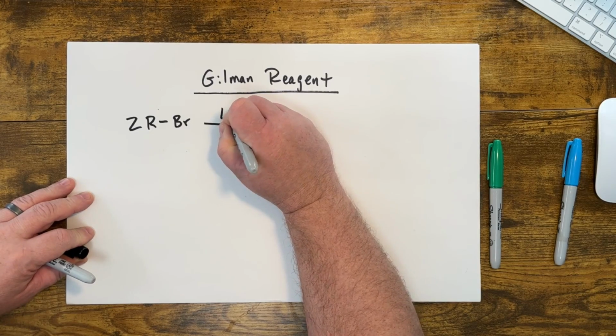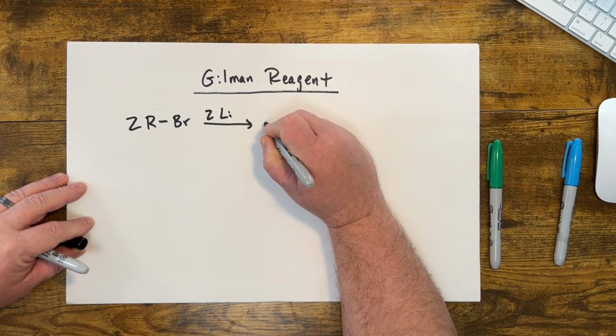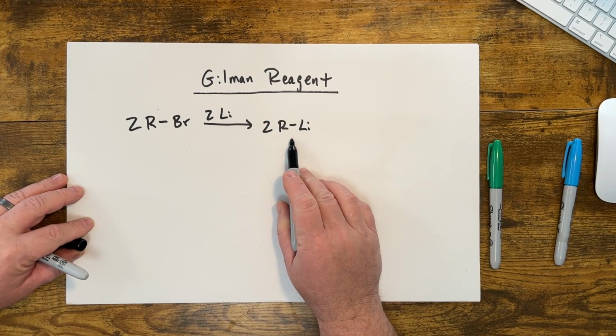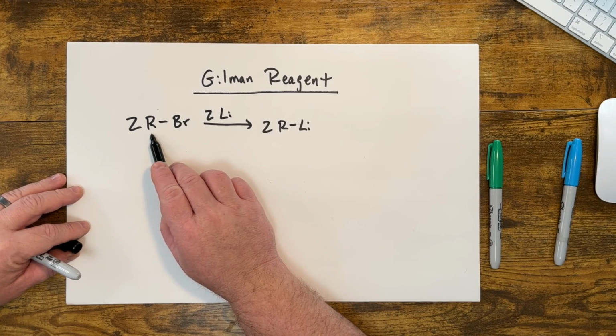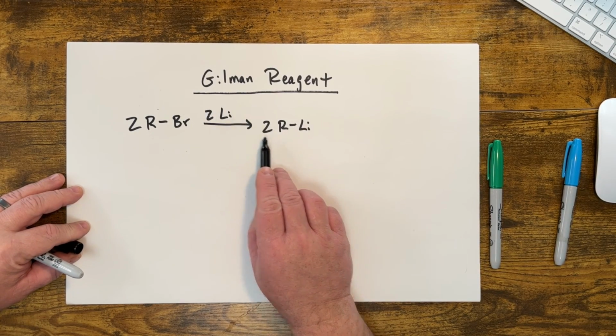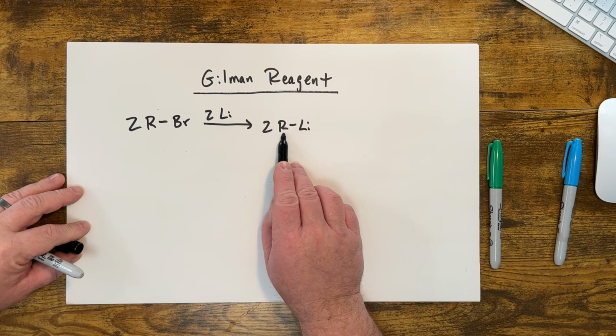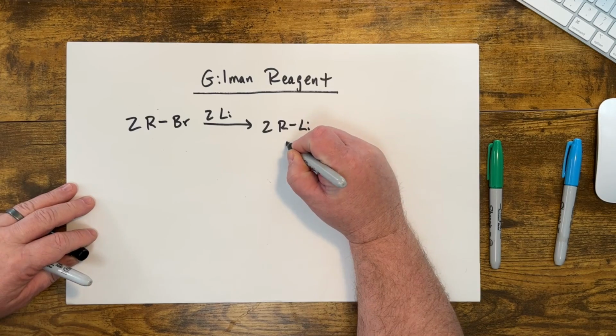We add some lithium to it, a couple of equivalents, and we make some kind of organolithium. So this could be a methyl, an ethyl, a propyl, whatever you want with a good leaving group. React it with the metal lithium, and you can make this negative carbon with a positive lithium on it. But we're not done yet.